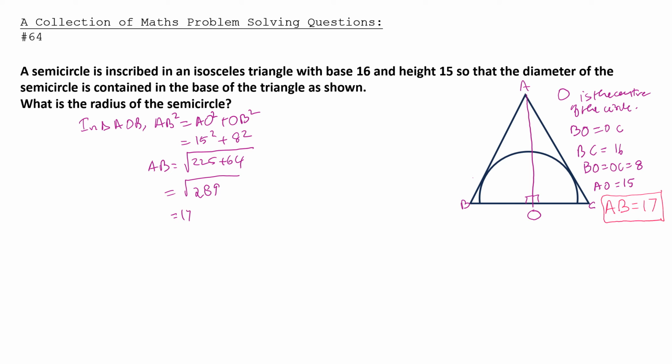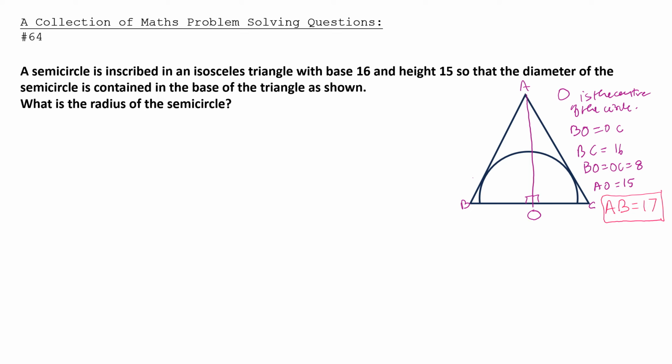So once I have that, I am going to try and work out the radius. To do that, I am going to draw a line, which is a radius, from the center to the tangent. Now AC and AB are tangents. And we know the radius is perpendicular to the tangent.